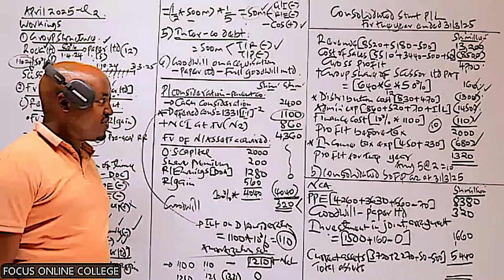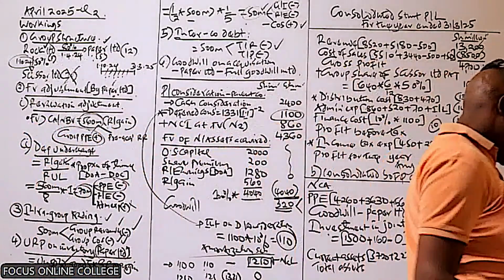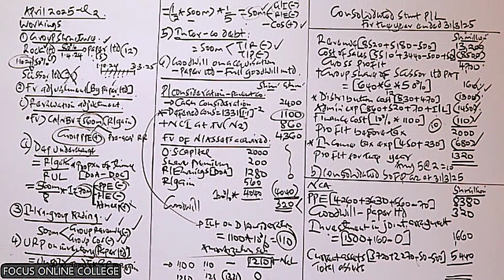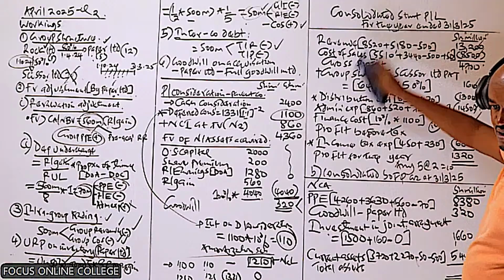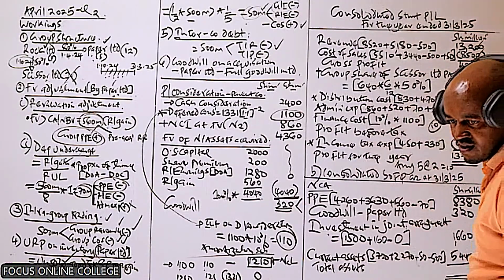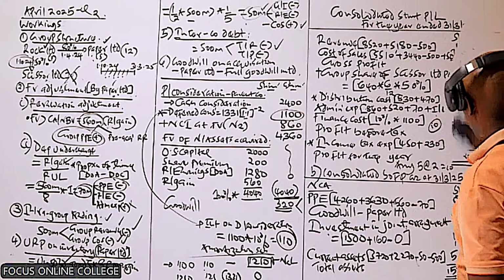So what will be our total assets? You add all this and give me the total assets. Because of space, I want to do away with this one. Yes, the total assets in our case will be 15,800. I want to do away with this now.